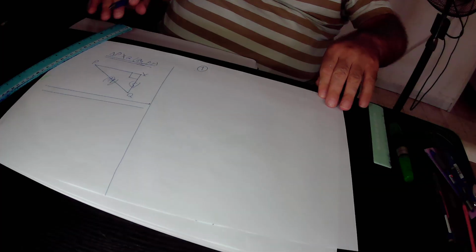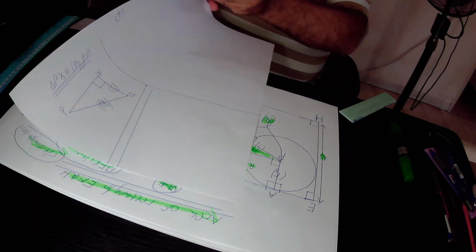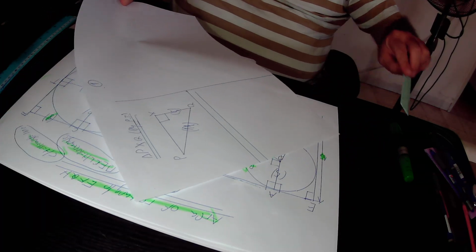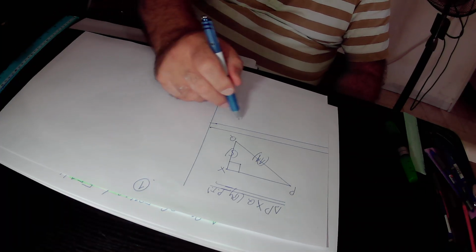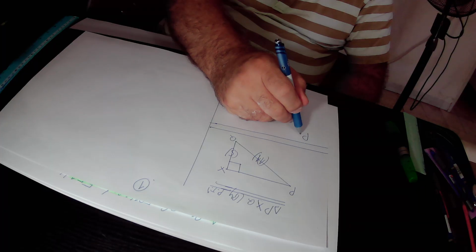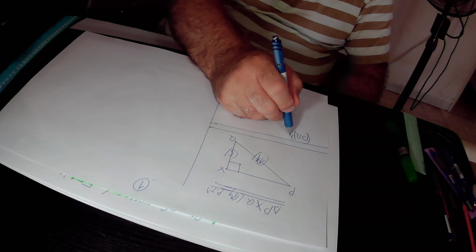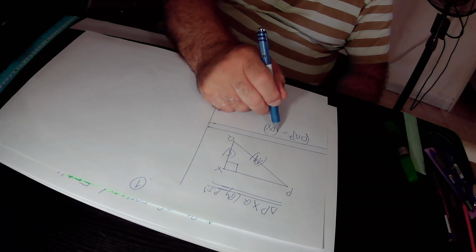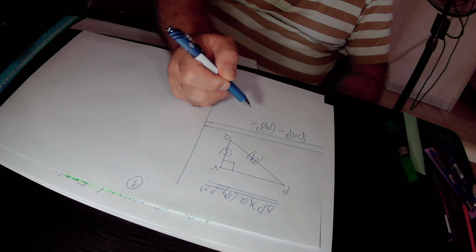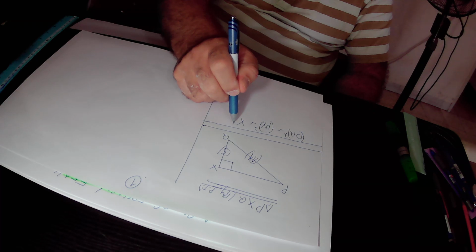So I write it down. PQ squared, that is the square of the hypotenuse, equals PX squared plus XQ squared.